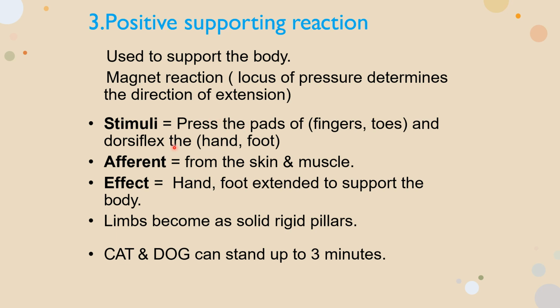The stimulus is pressing the pads of the fingers or toes, and dorsiflexion of the hand and foot, against a surface such as a table or floor. The afferents are from the skin and the muscles, and the efferent pathway is that the hand and foot are extended to support the body.